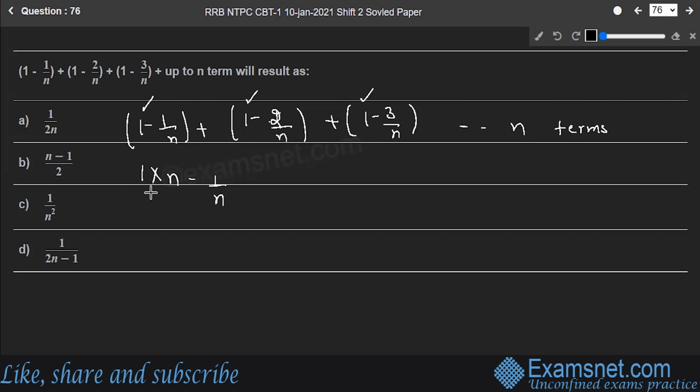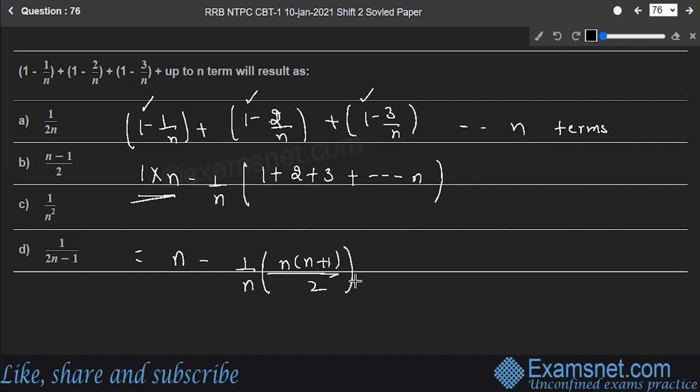You can take it as 1 into n, minus 1 by n, I'm taking common, 1 plus 2 plus 3 and so on till n. So this will be n minus 1 by n, and the sum of the terms till n will be given by n into n plus 1 upon 2. This n and n will get cancelled.